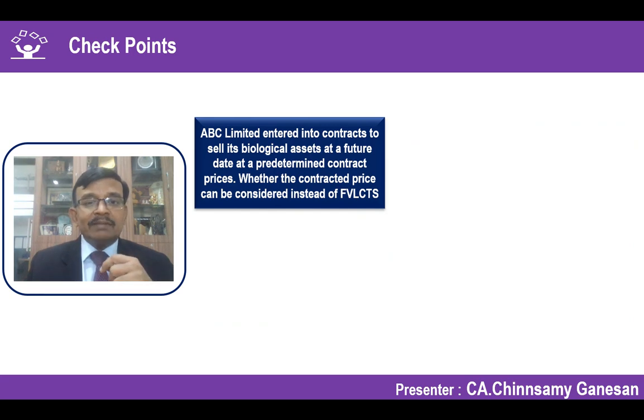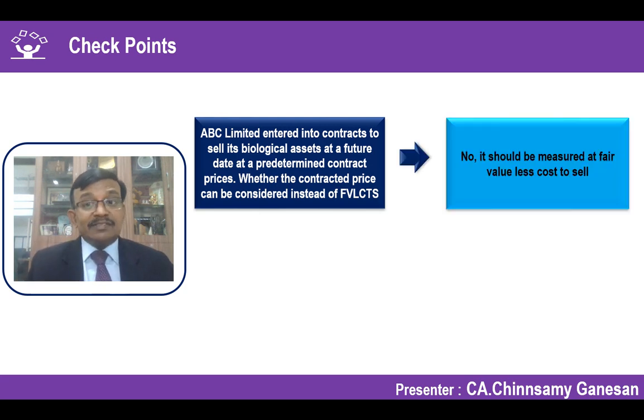Let's take one more example. They have entered into a forward contract or a future contract at a predetermined contract price, and the entity wants to use the contracted price as the fair value less cost to sell. Is it possible?